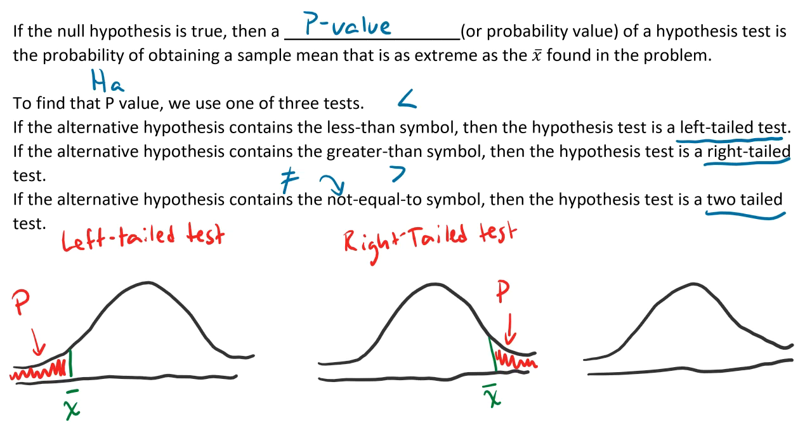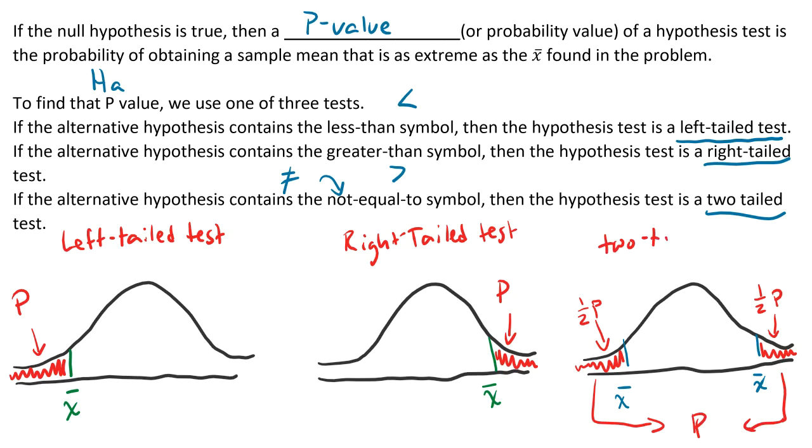If we have our sample mean right there, then it's the area on both tails. All right, so each tail is 1/2 of p, but if you add them together, then they give you p. That's a two-tailed test.